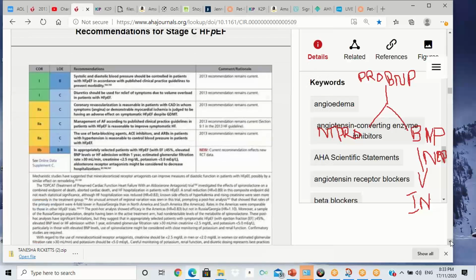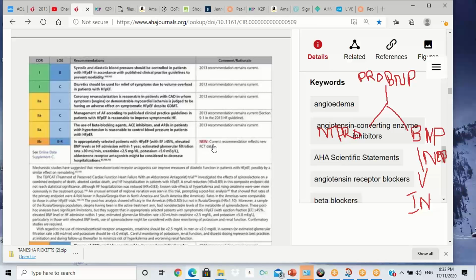So another update: your aldosterone antagonist.